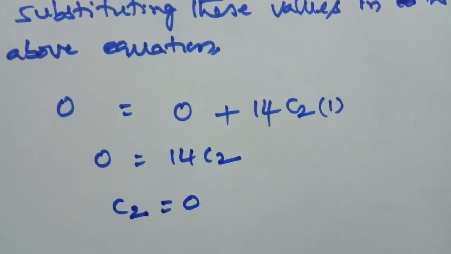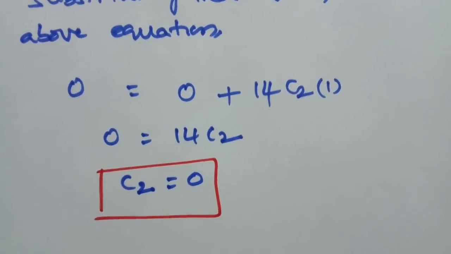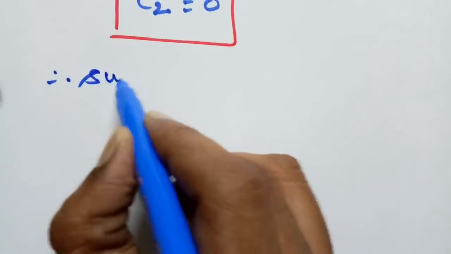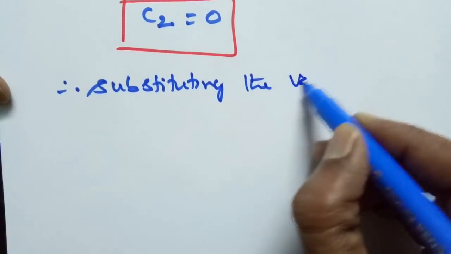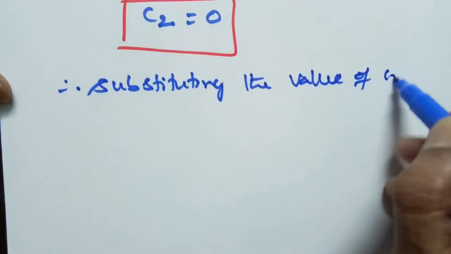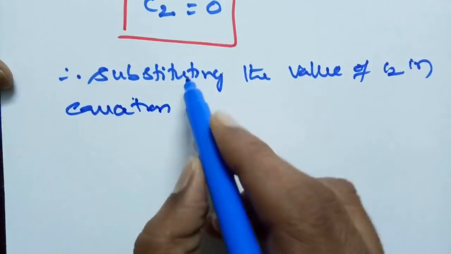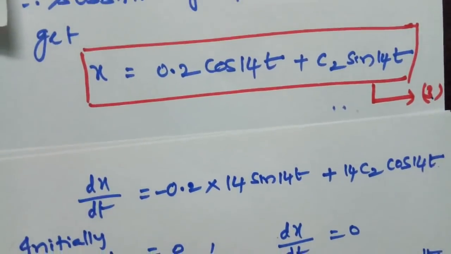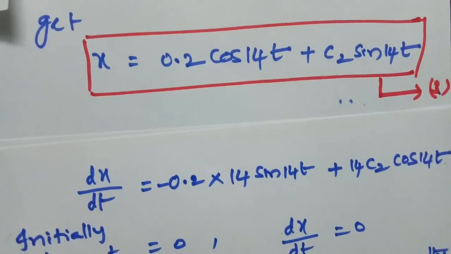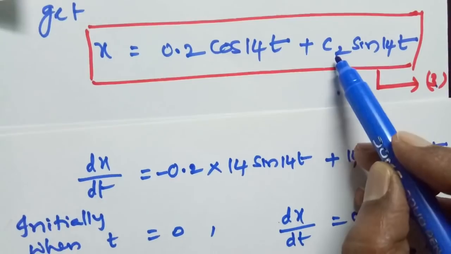Substituting the value of c2 in equation 3, we get, equation 3 is x is equal to 0.2 cos 14t, c2 value 0.